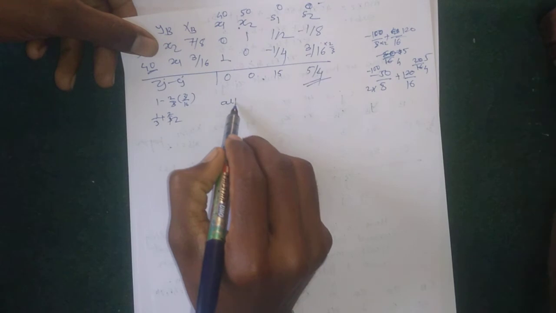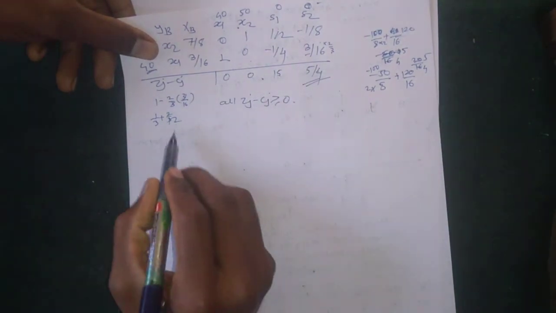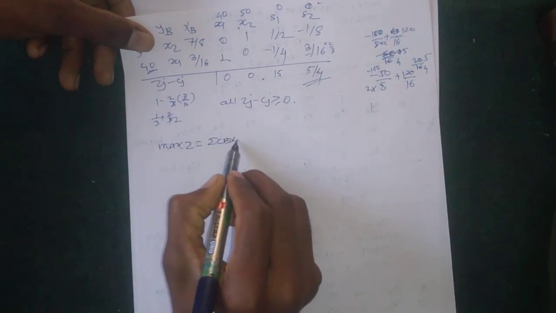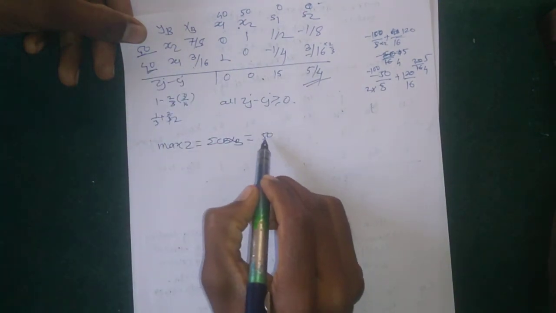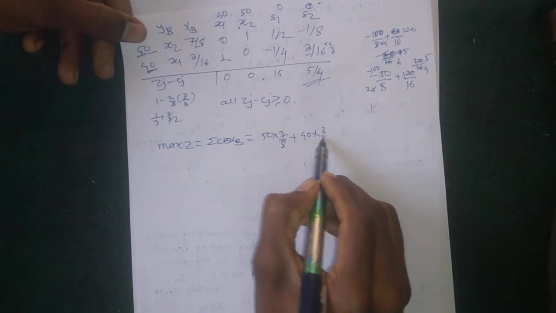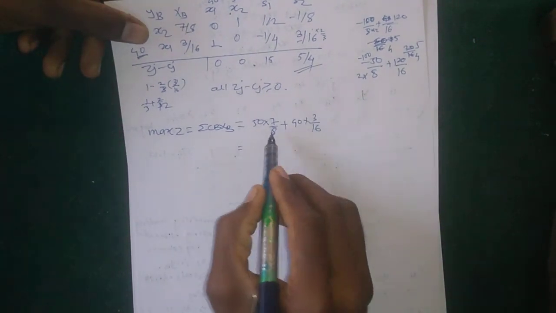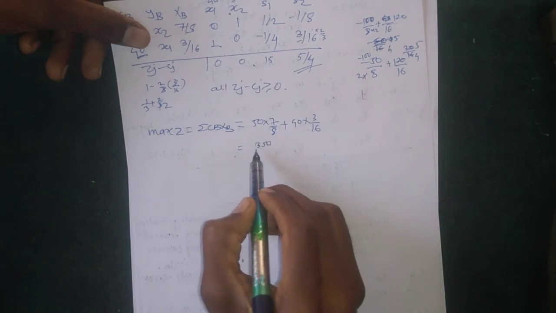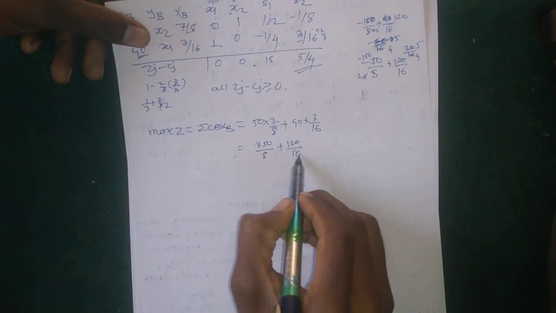So all zj minus cj are greater than or equal to 0, and therefore maximum z is the summation of the cbxb column. So this is 50 into 7 upon 8 plus 40 into 3 by 16. Then what is their value? 8 plus 120 divided by 16.